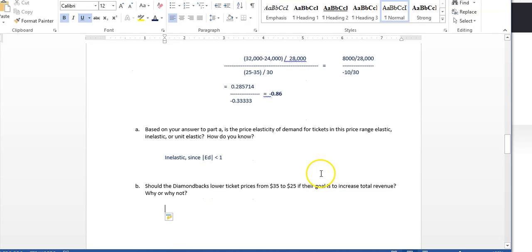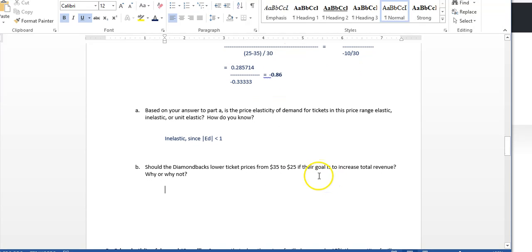Let's do the math, and I'll show you why that is so. We're going to calculate revenue, which is just price times quantity. So we'll do that at each price point. So let's call this total revenue, quantity times price, right?